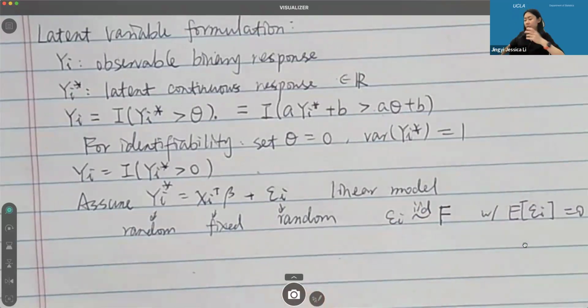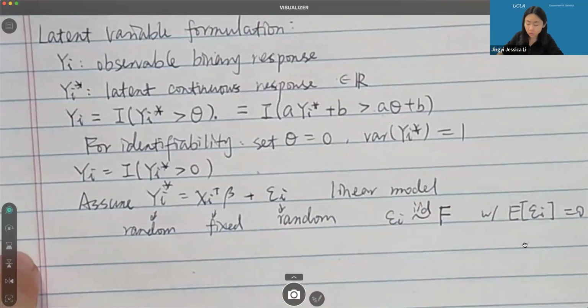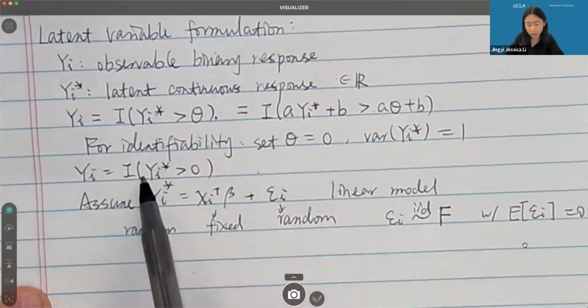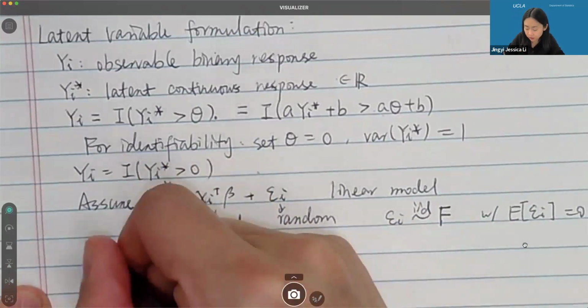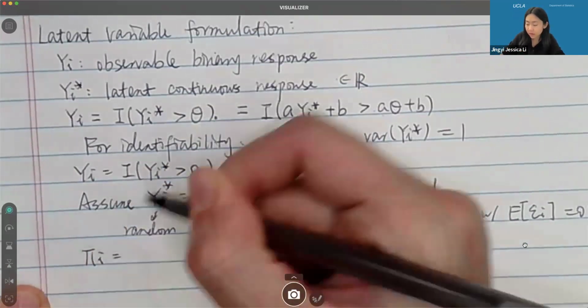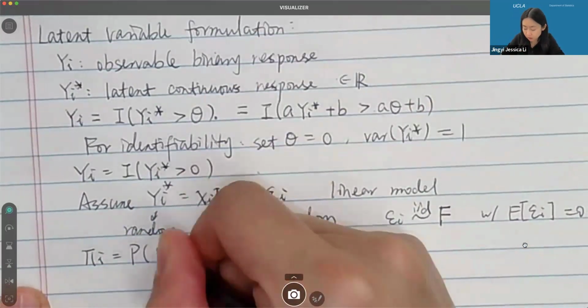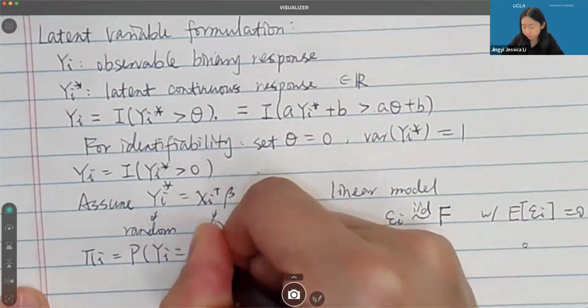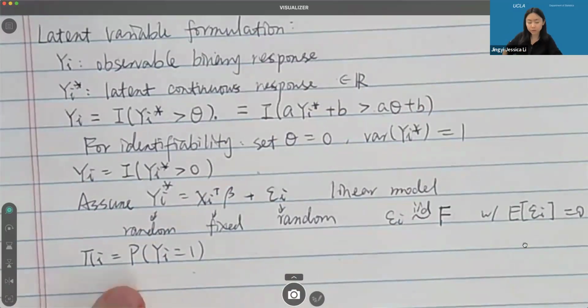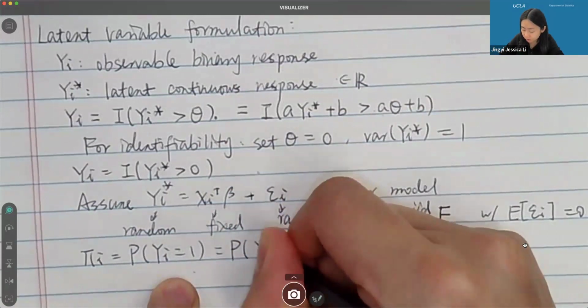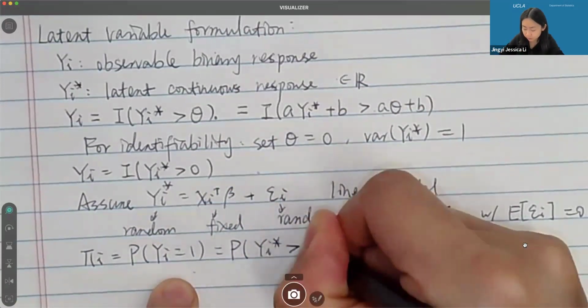So that we believe the error term's expectation is 0. It fluctuates. So with these, as yi is the indicator, if we are interested in pi i, in the binary response formulation, which is the probability that yi is 1. That's the Bernoulli parameter. Then it translates to the probability that yi star is positive.